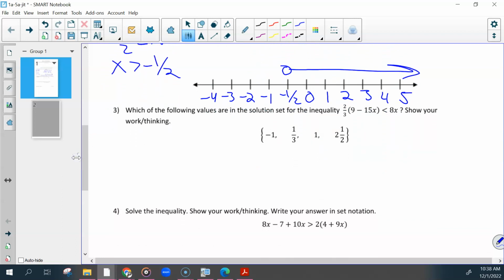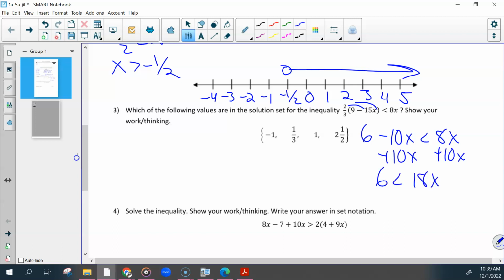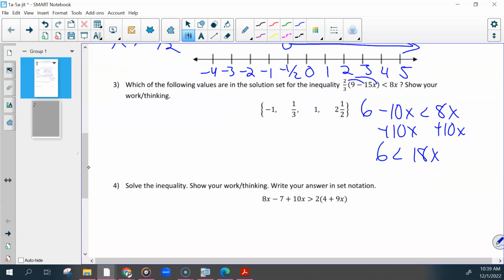With number 2, they're asking about which of these fall in the solution set. So you have to solve it first. So distribute, that would be 18 over 3 is 6, and 30 over 3, negative 10. Get all your variables on the same side. And divide.